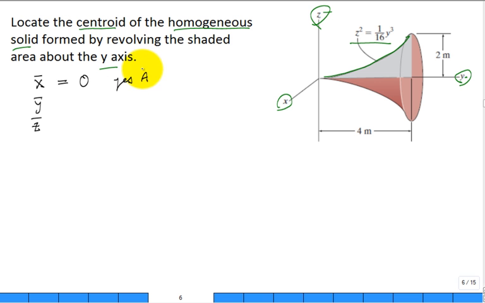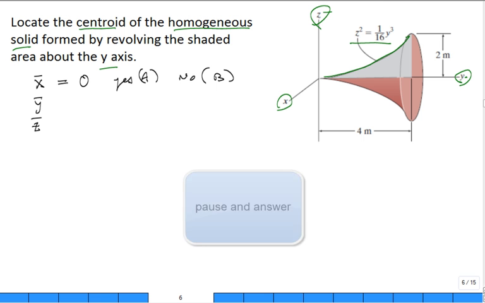Yes, answer A, or no, answer B. So we'll change that to multiple choice. We can look at this object, we can exploit symmetry, and we can conclude possibly that one or more of those centroidal locations, x bar, y bar, z bar, is equal to 0. The first question is, is x bar equal to 0?